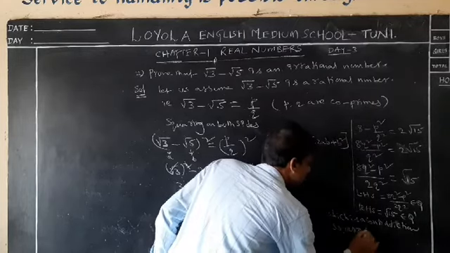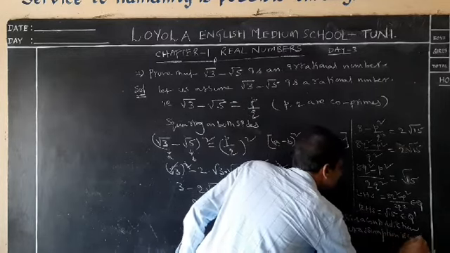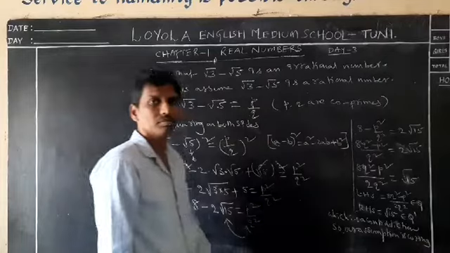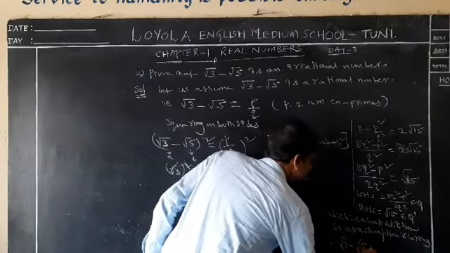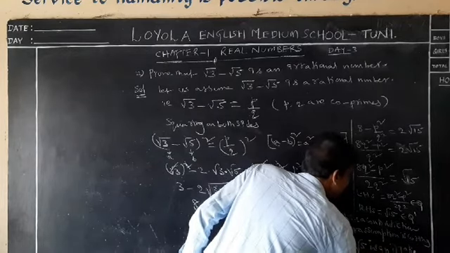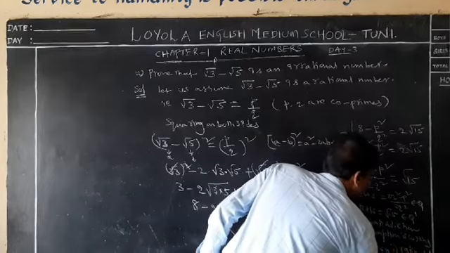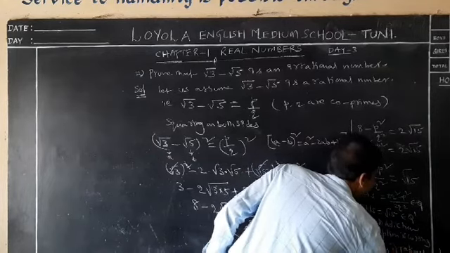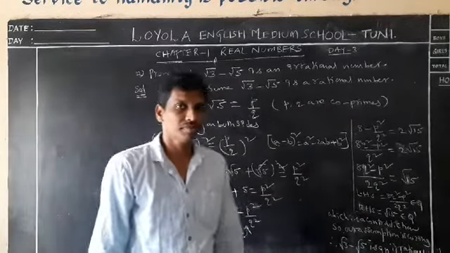So our assumption is wrong. Therefore, root 3 minus root 5 is an irrational number.